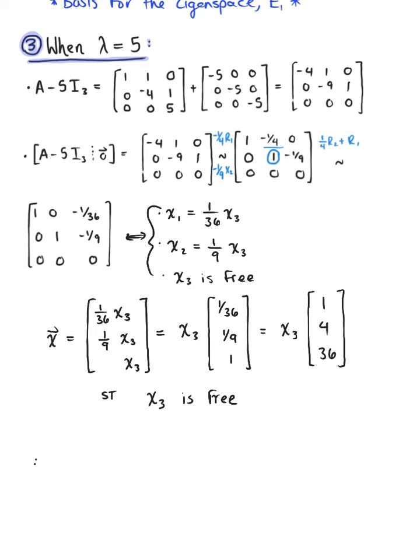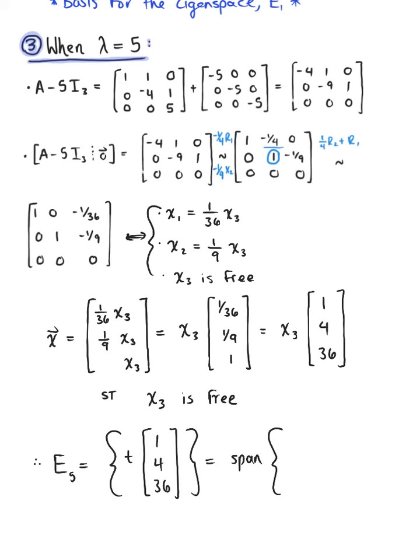So therefore, we can say that the basis for the eigenspace E sub 5 is equal to the set of all scalar multiples of the vector 1, 4, 36, which is equivalent to saying that we have the span of the vector 1, 4, 36.